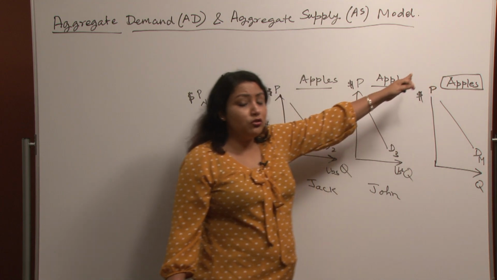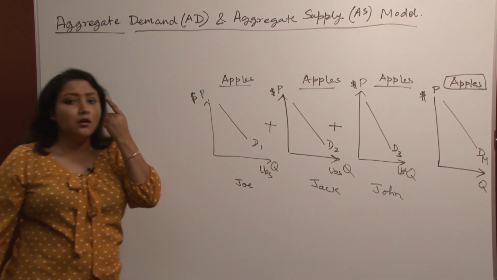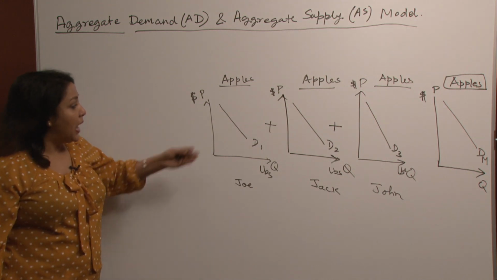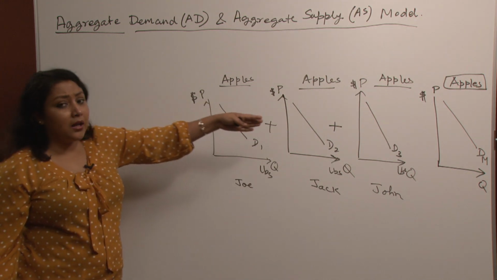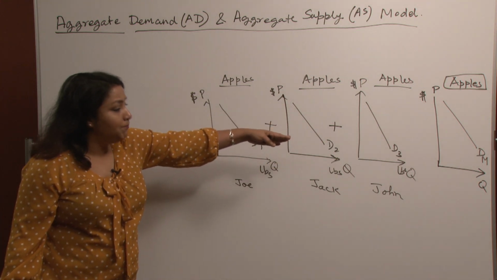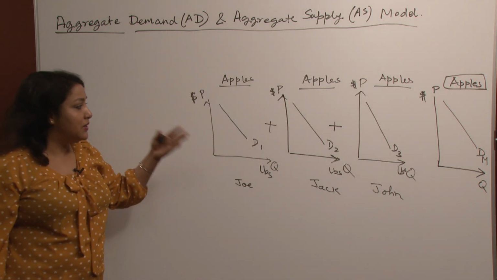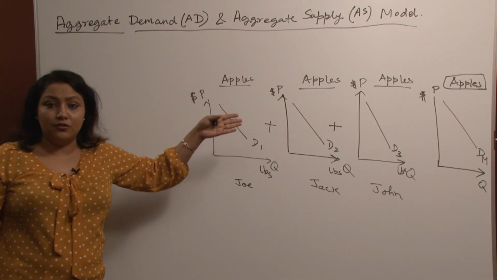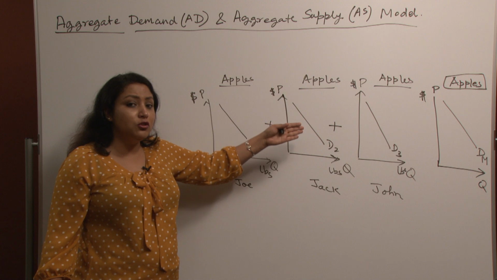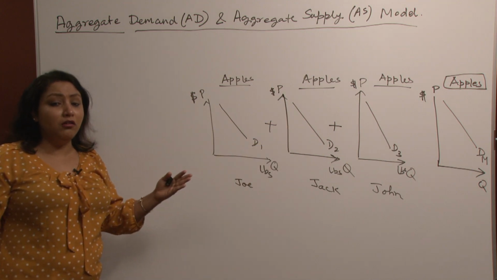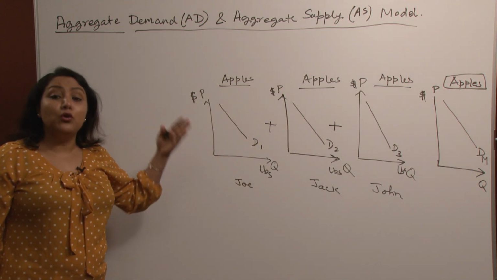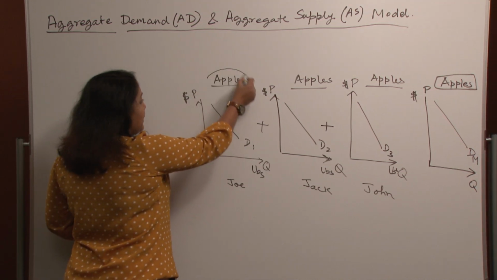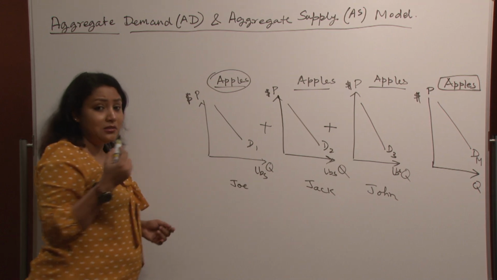So, we are just talking about the demand for one commodity, and so it is micro in that sense. And when we look at the market demand curve DM, the market demand curve is basically a horizontal summation of the individual demand curves. In other words, DM shows you the demand for apples for all individuals who buy apples in the market. So, the fact that we are looking at one commodity, that is important.